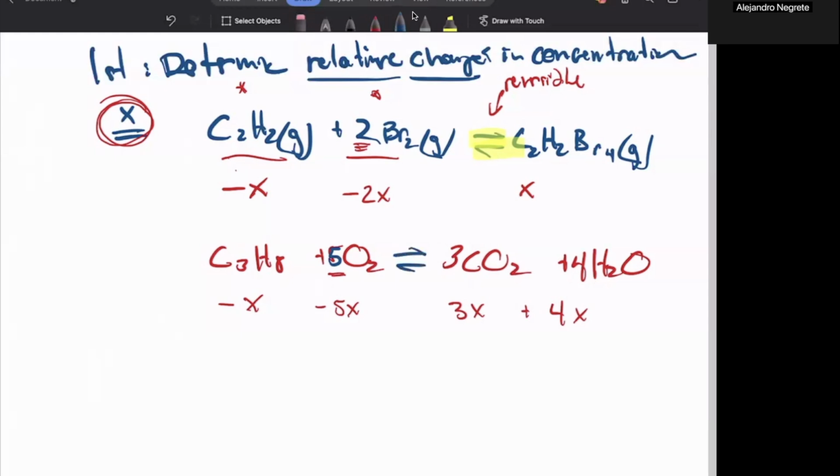Reversible, reversible. All right, let's look at another reversible reaction, but we have to think about this one a little bit differently.